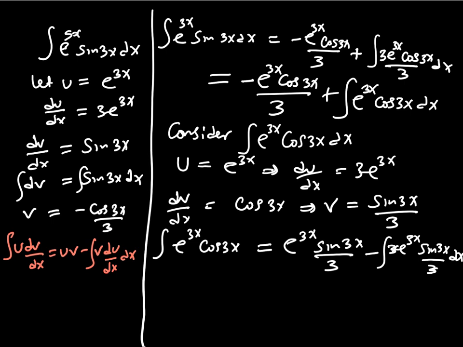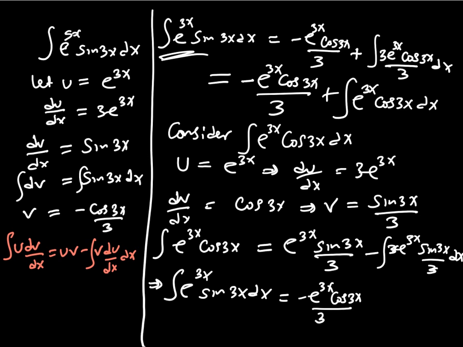Now pick the whole integral. So what does it mean? This means that if you come back to this stage and pick the whole integral, the integral of e to power 3x sine of 3x dx, so far it is minus e to power 3x cos 3x over 3, now plus e to power 3x sine of 3x out of 3 and minus the integral of e to power 3x sine 3x dx.